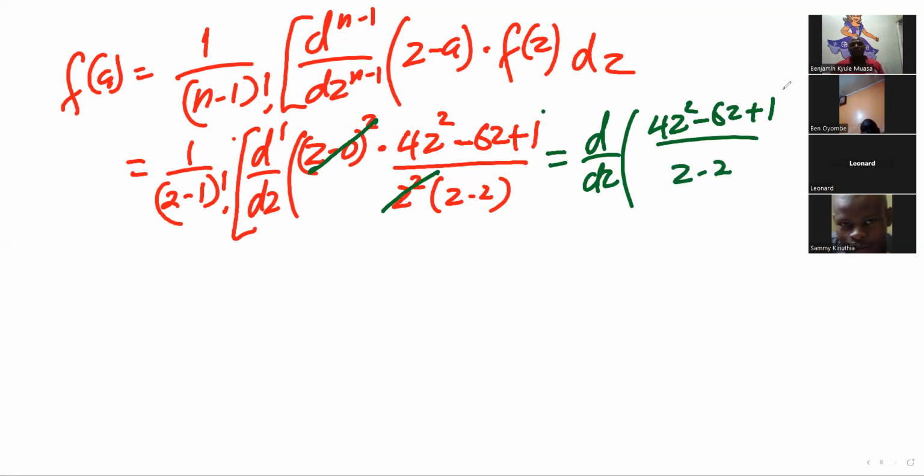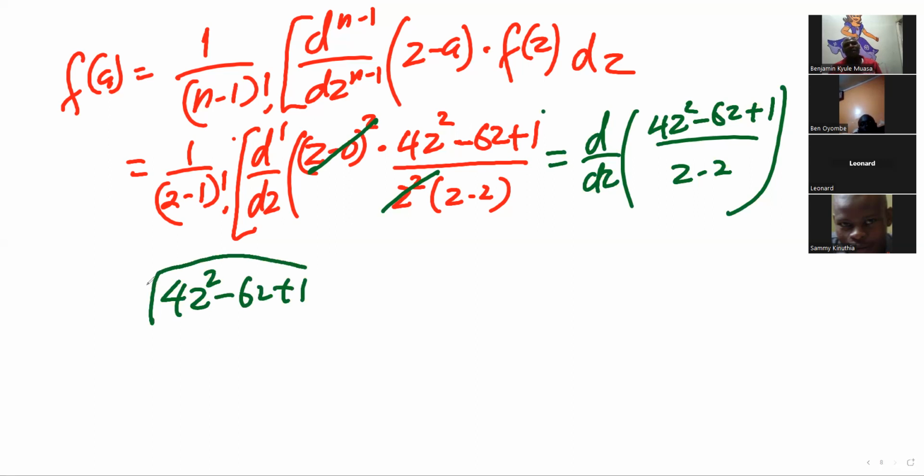So you're going to use long division to divide this one here. So long division is 4z squared minus 6z plus 1. We can also divide with the calculator. This one divides by z minus 2. So this must be 4z, 4z squared.